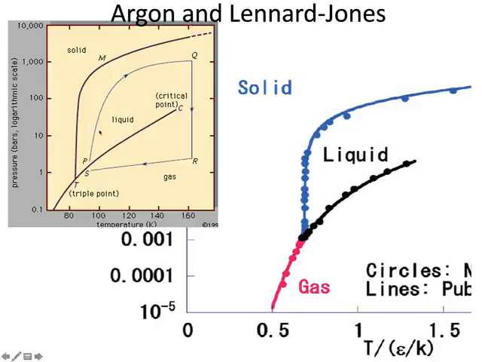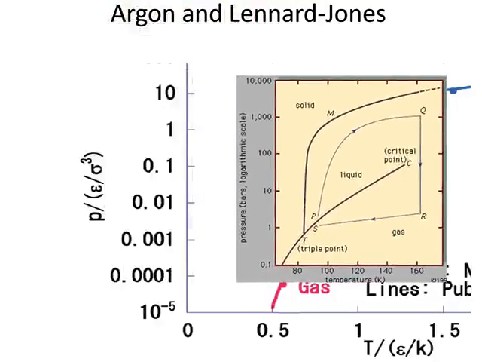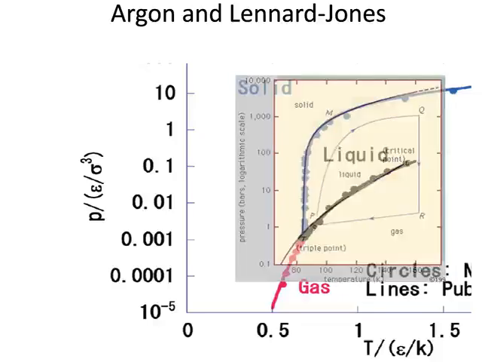Well, we can take one of them and put it on top of the other and rescale the plot so that the critical points coincide or the triple points coincide. The best is, of course, if both the critical point and triple point coincide. And here you see that the phase coexistence lines follow each other very nicely.